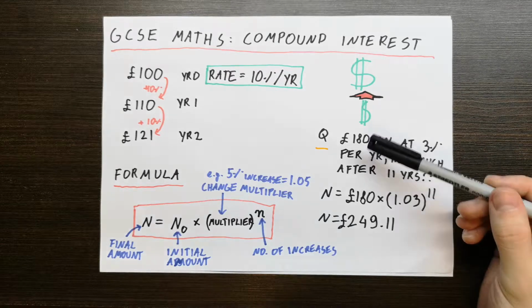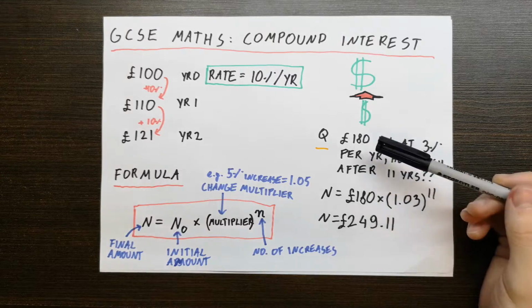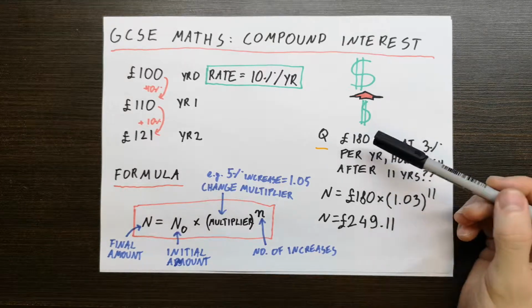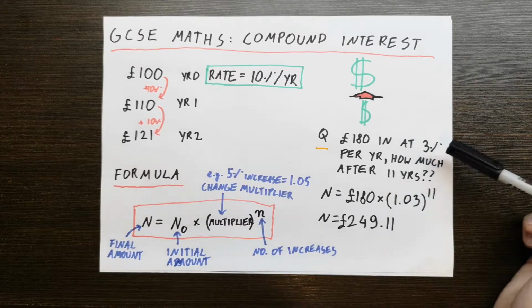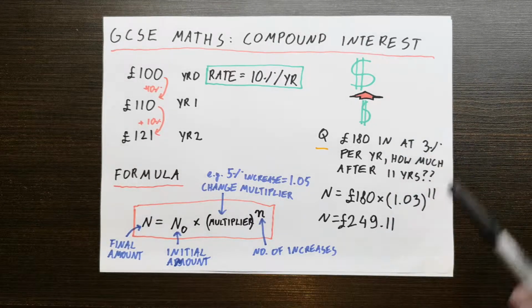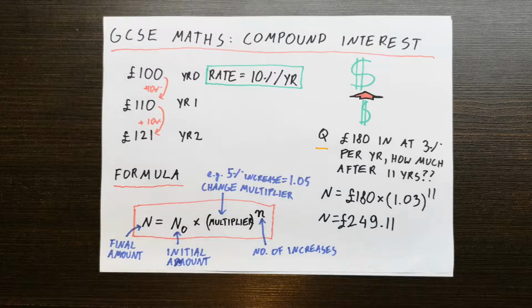And here actually you can see how this added up. So we put in £180, and after 11 years we get this, despite only doing 3% each time. So you can see how this works, and compounding is actually incredibly powerful when it comes to even investing. It is such a powerful technique, and that's why it's so exciting in maths.